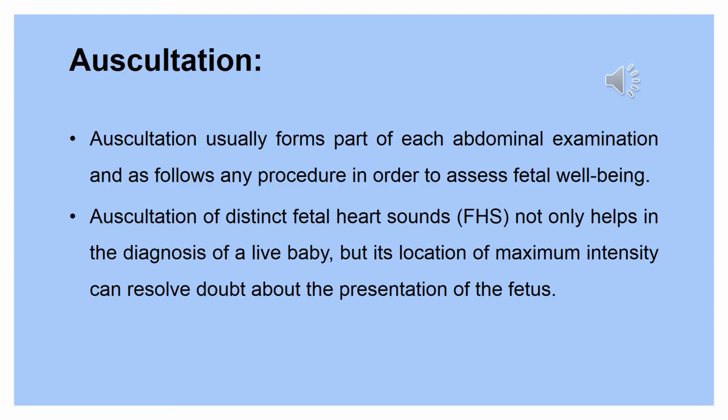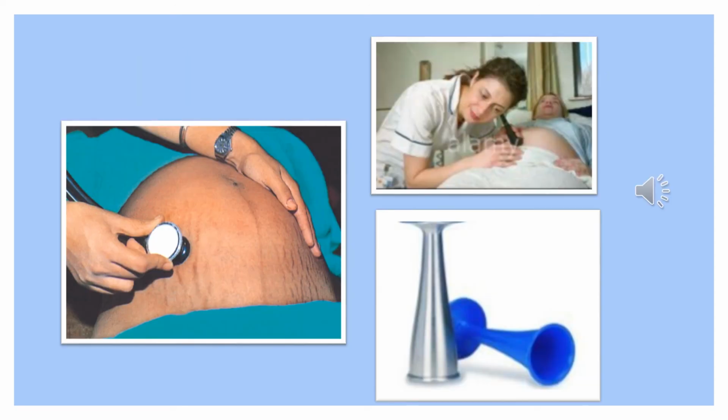Auscultation. This is the last step in antenatal abdominal examination. Auscultation helps to assess the fetal well-being. Auscultation can be done by using a stethoscope or by using a fetoscope.